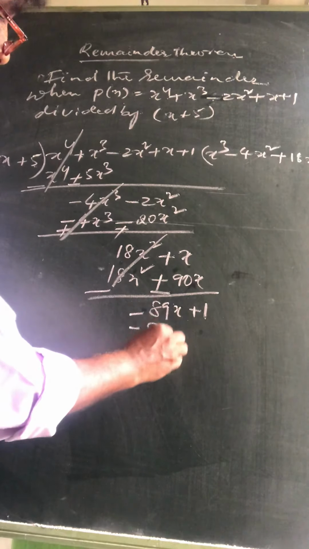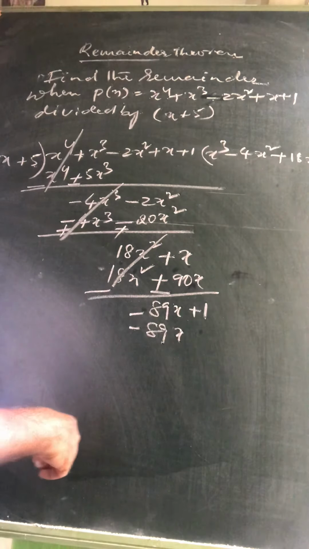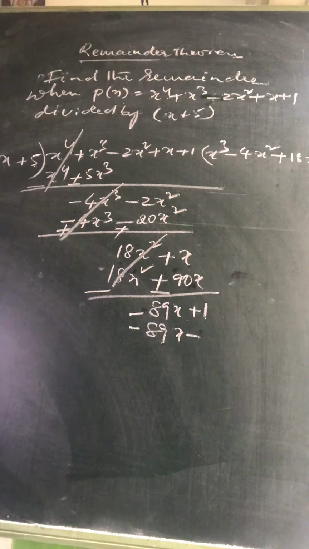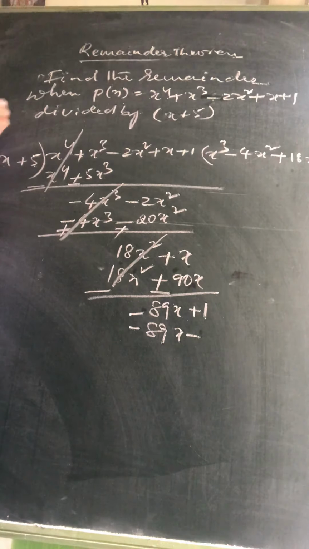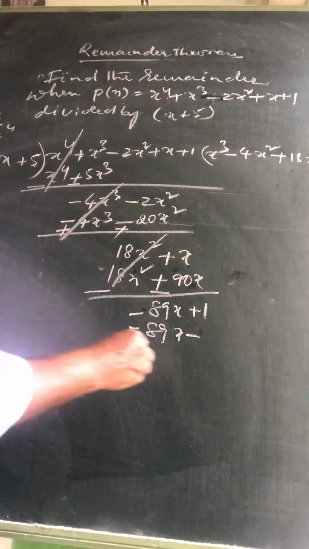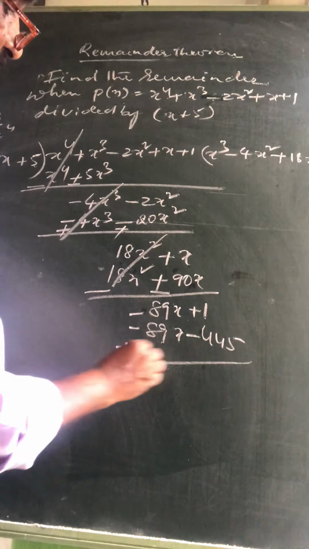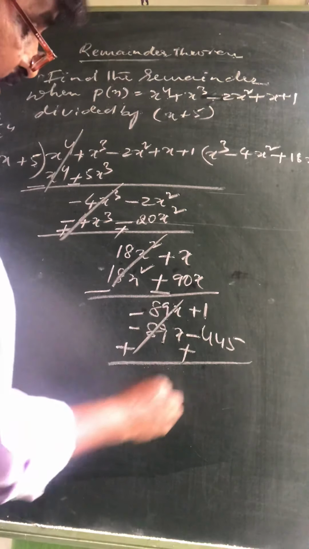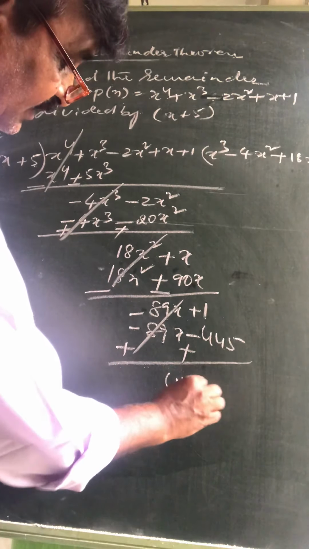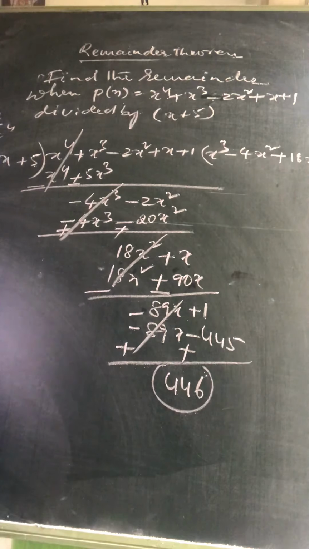Minus 89x, minus 89 into 5. 89 into 5, how much? 5 9 is a 45, 8 5 is a 40, 44, 445. Plus and plus, cancel it. So how much did you get? 446 is the remainder.